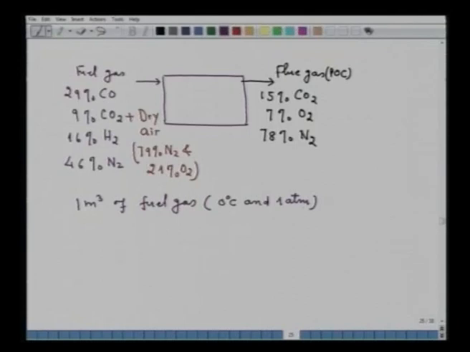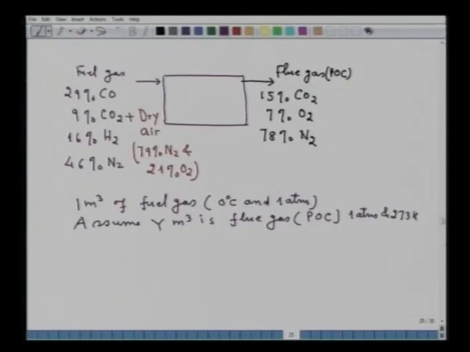Now, we have to calculate the volume of POC. Assume Y meter cube is flue gas or products of combustion, which is at 1 atmosphere and 273 Kelvin.